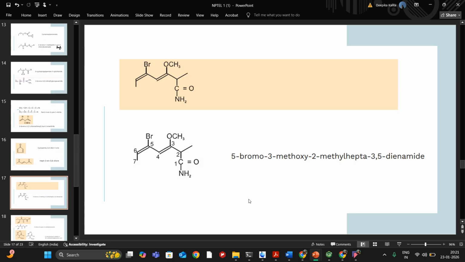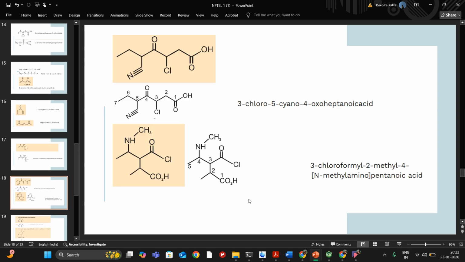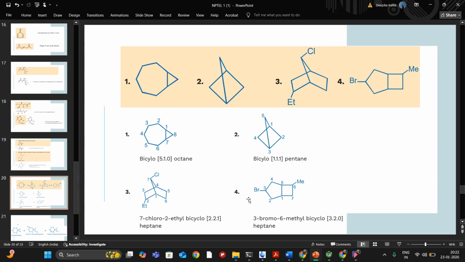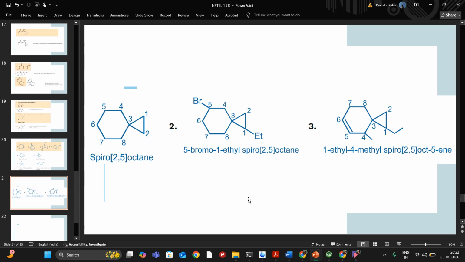After that we solved some examples with three different functional groups present, and we took the help of the priority list while naming these organic compounds, followed by some more examples of compounds having multiple functional groups. And lastly, we solved questions on bicyclic and spirocyclic compounds.